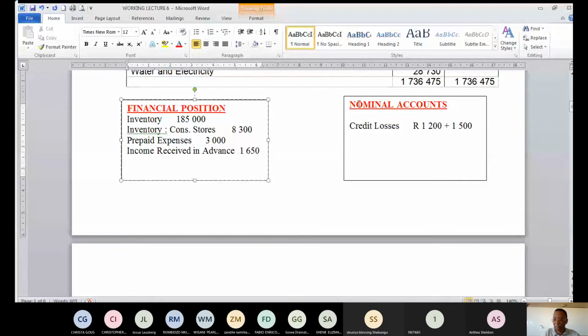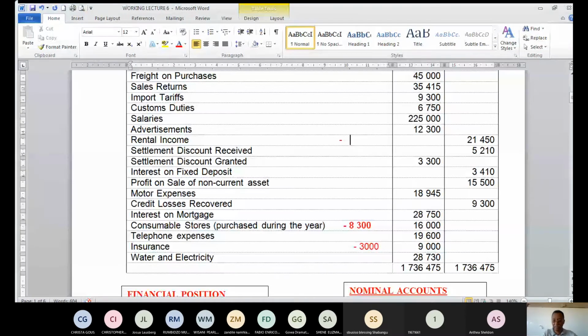We need to adjust our account for rental income. Your rental income is actually for 13 months. So rent income must decrease by the amount of 1,650.